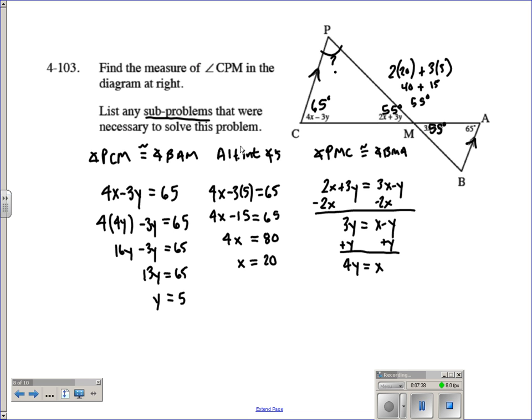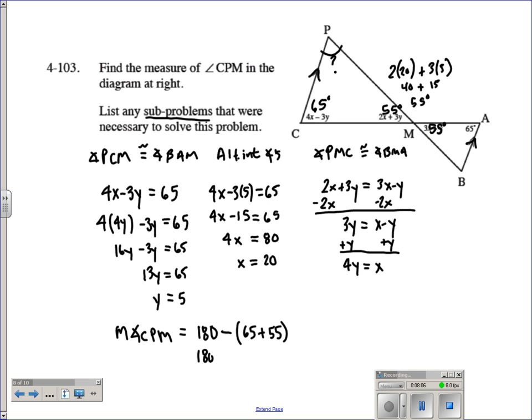So the measure of angle CPM should equal 180 minus the sum of 65 plus 55. 65 and 55 is 120.